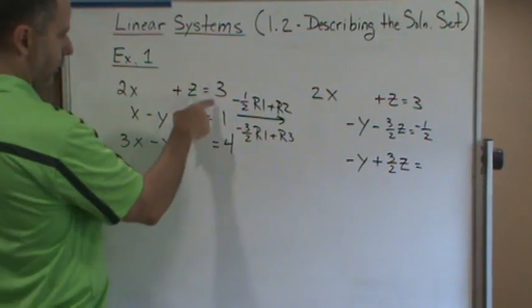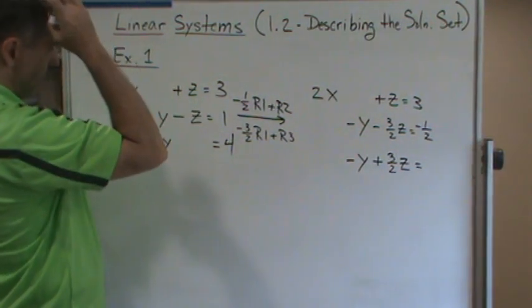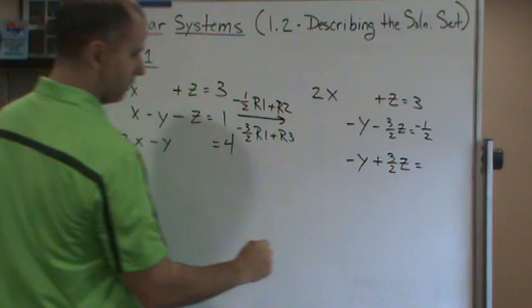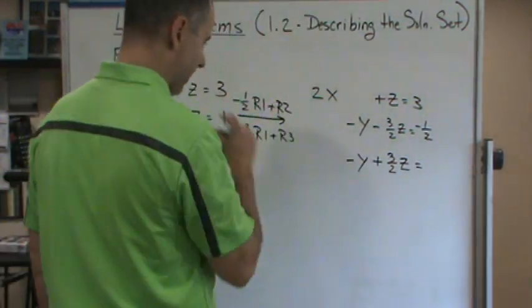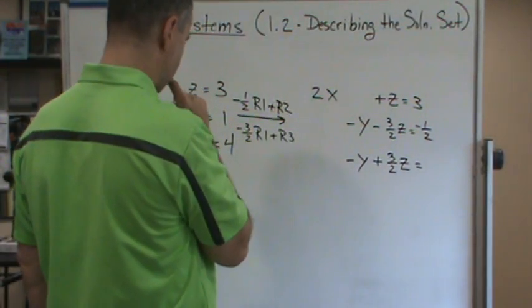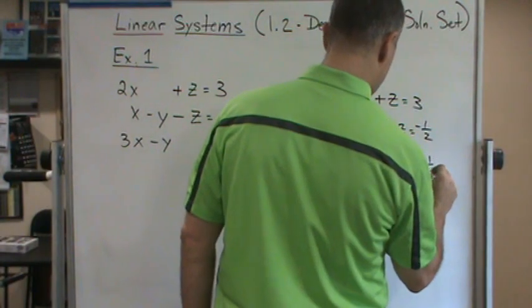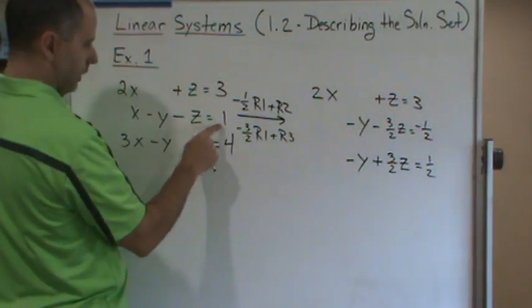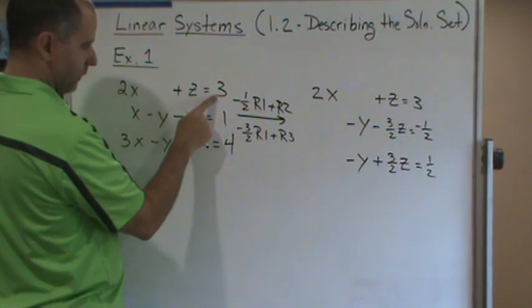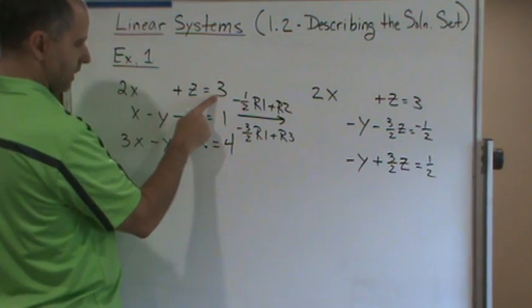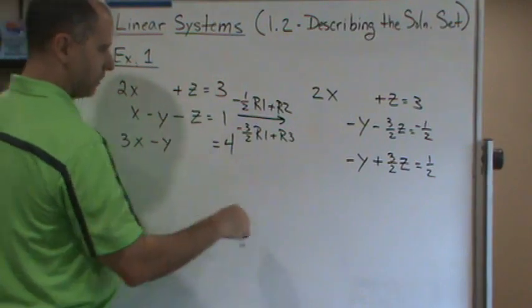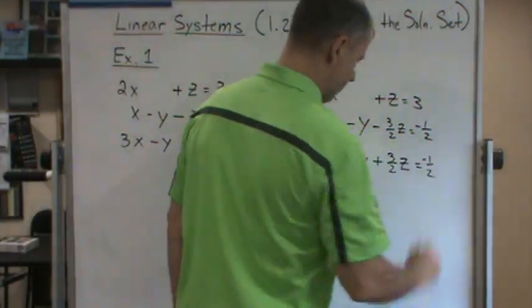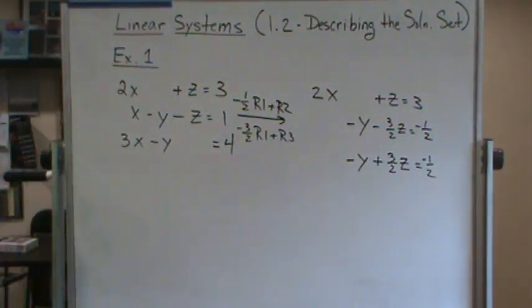Negative 9/2 is negative 4.5, so that's going to give us a half, right? Is that right? Yeah. So negative 3/2, that's negative 9/2, which is 4.5, I'm sorry. That's negative 1/2. All right, cool.